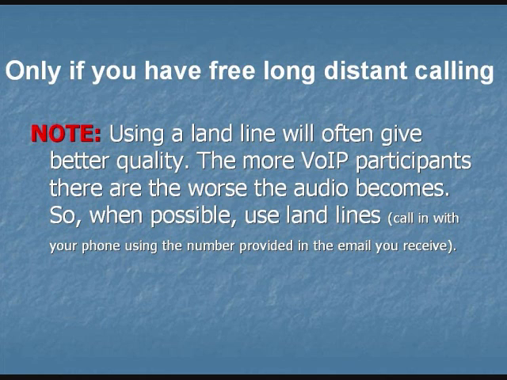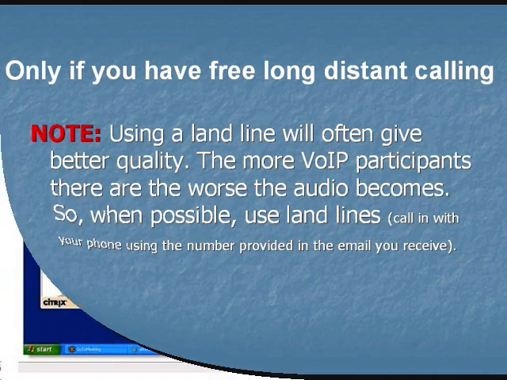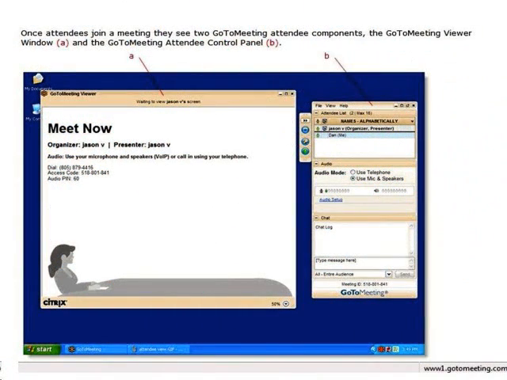The more VoIP participants there are, sometimes the worse the audio becomes. So when possible, use landlines. Again, call in with your phone using the number provided in the email you receive only if you have free long-distance calling.